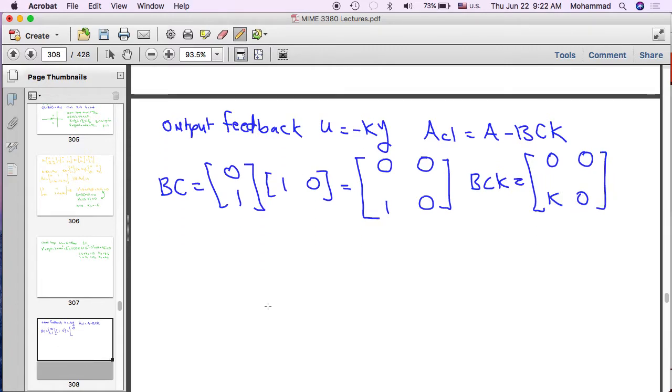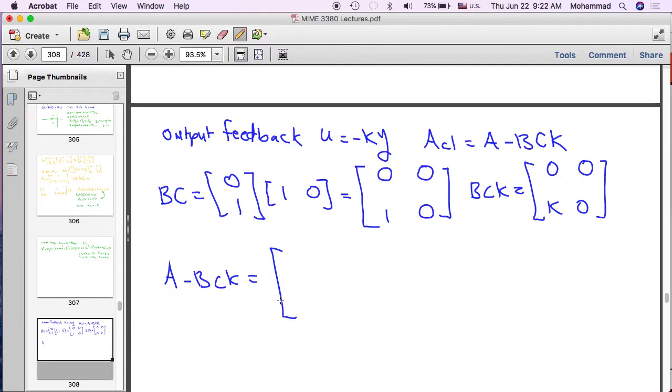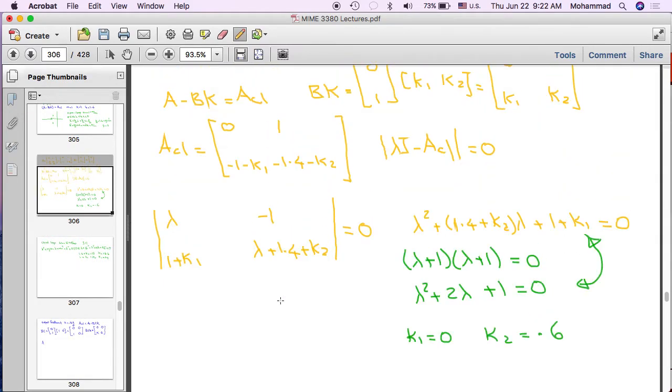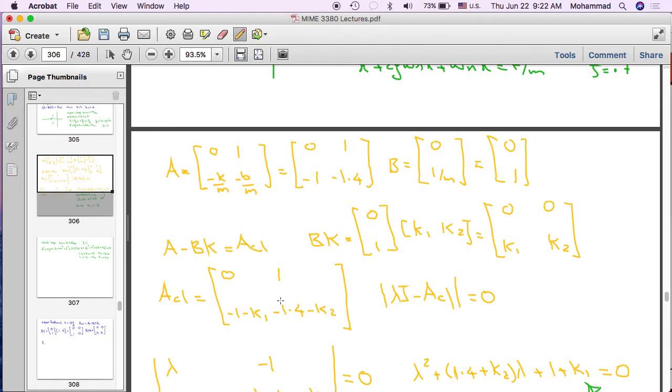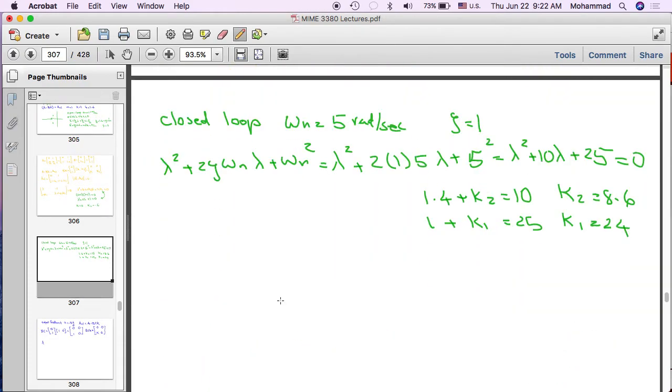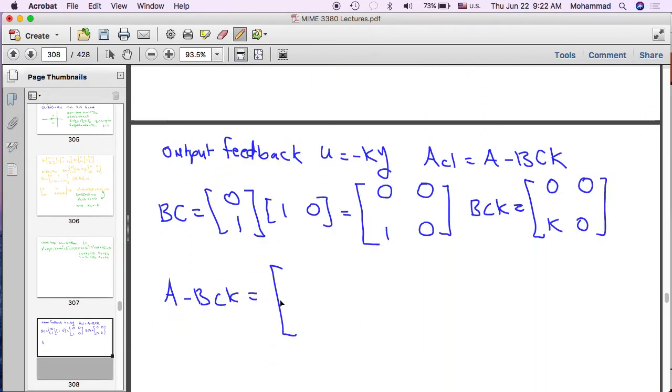So A minus BC times K is going to be equal to, for A we had [0, 1; -1, -1.4] minus [0, 0; K, 0].